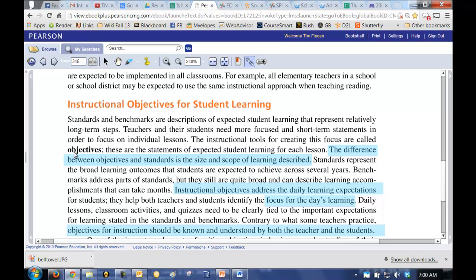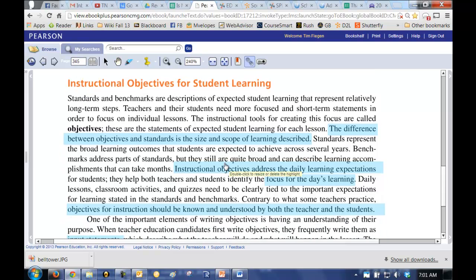Terms like objectives will be common language for you as a teacher, as a student teacher, and as a pre-service teacher. So throughout this whole course, I'm giving you vocabulary that you'll want to work with. I know a number of things here won't register with you, but perhaps you've heard the vocabulary before.